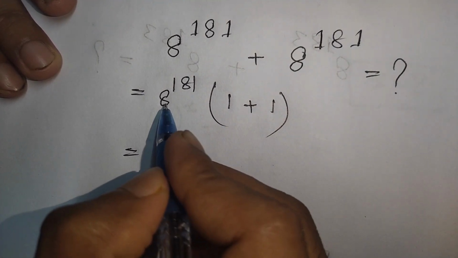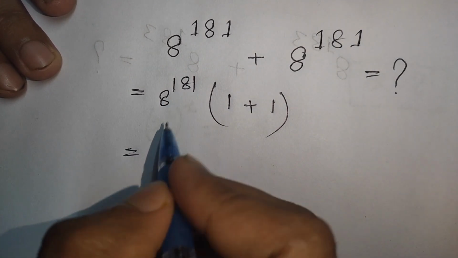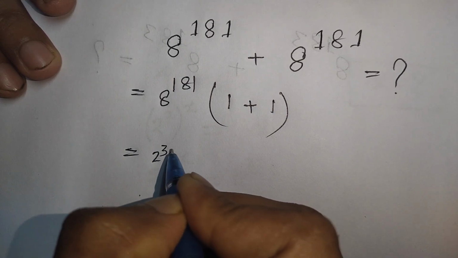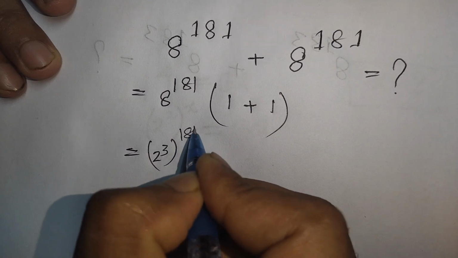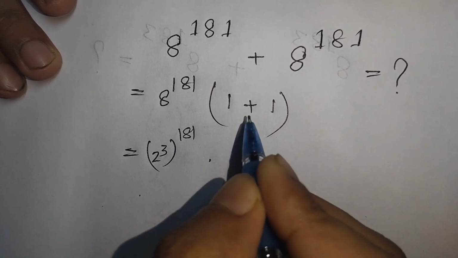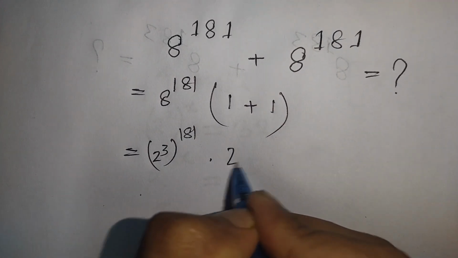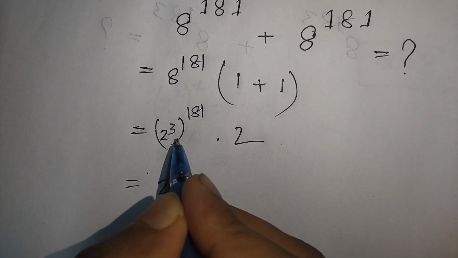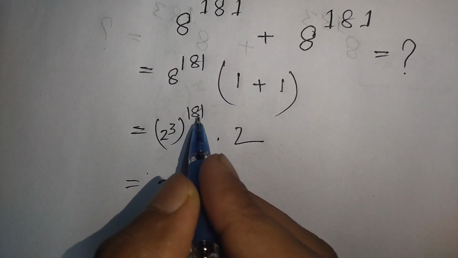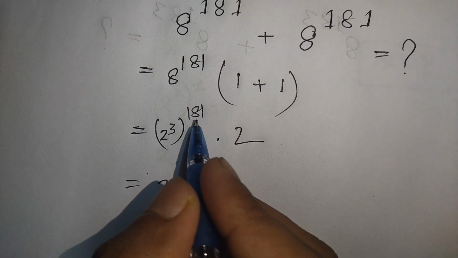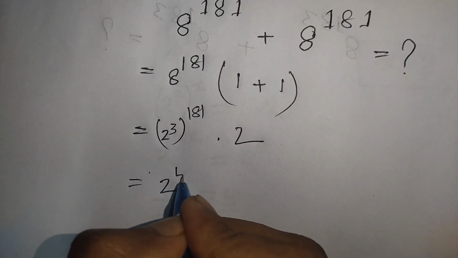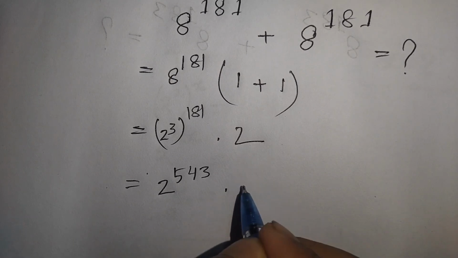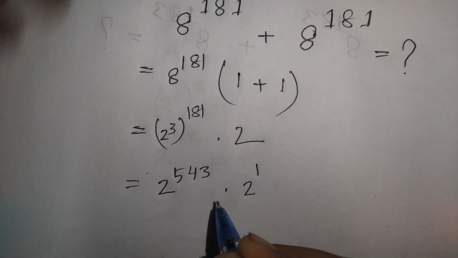Now 8 to the power 181 is the same as 2 to the power 3, bracket, to the power 181, times 1 plus 1, that means 2. Now 2 to the power 3 times 181, that means 543, times 2, which is the same as 2 to the power 1.